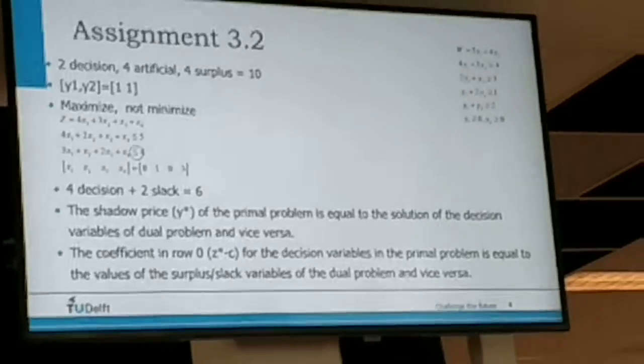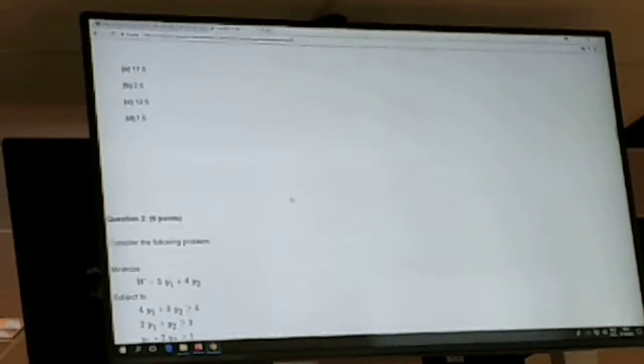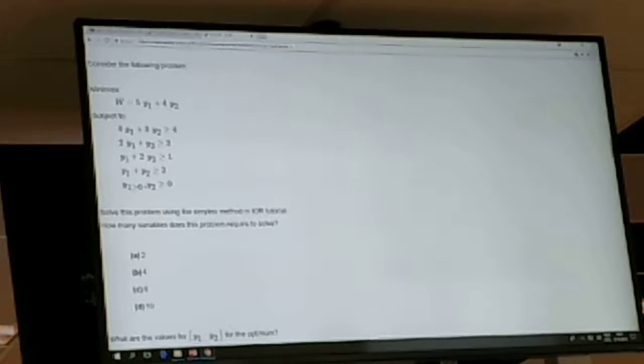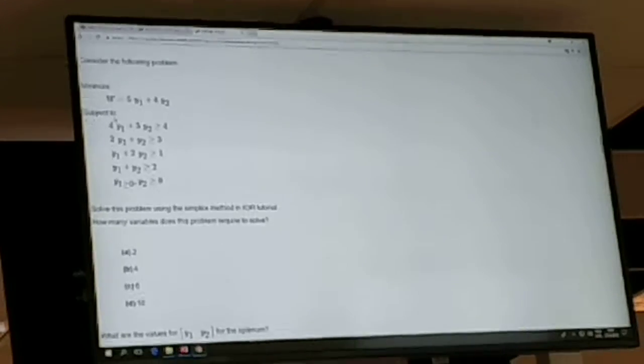If we look at assignment 3.2, question 2. So if we look at assignment 2, here we start with the dual problem, as you might have noticed, and we want to make the primal problem out of it.